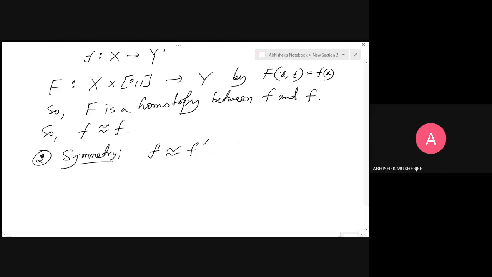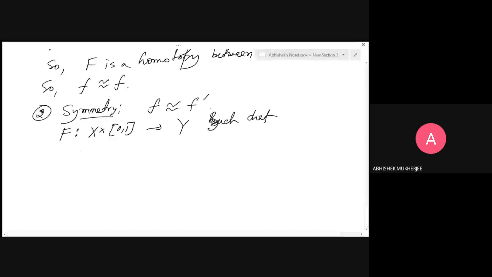That means you will find a map capital F from X × [0,1] to Y such that at time 0 it is f, and at time 1 it is f dashed, for x belonging to X.